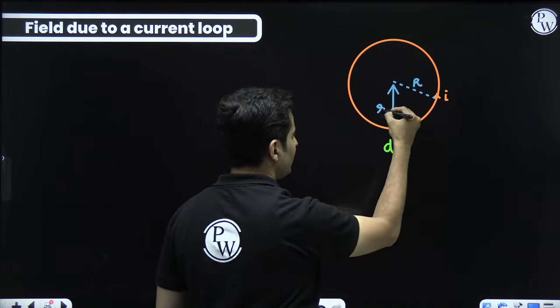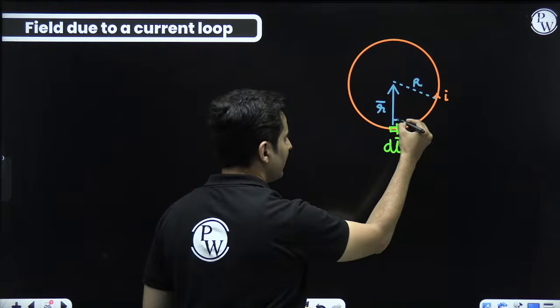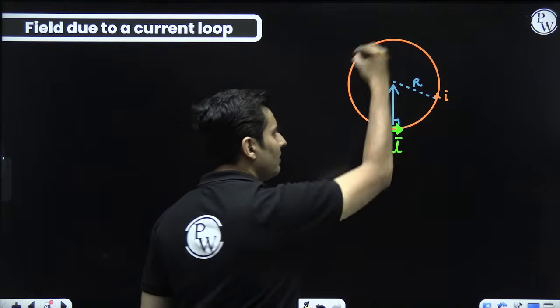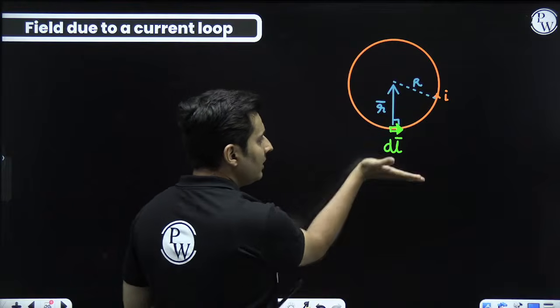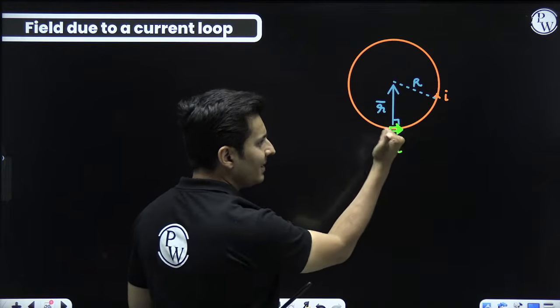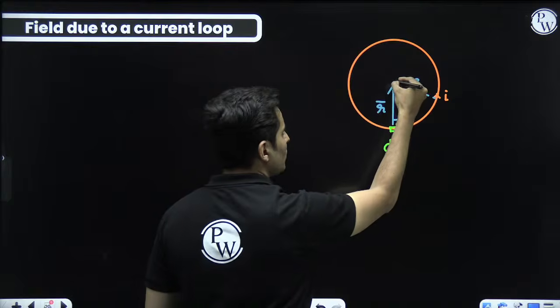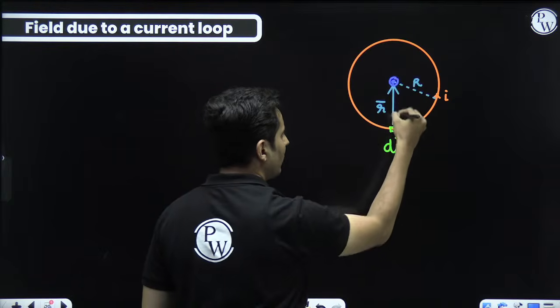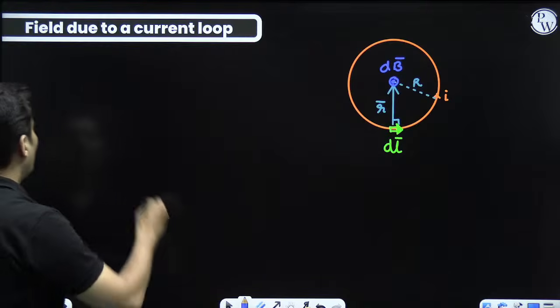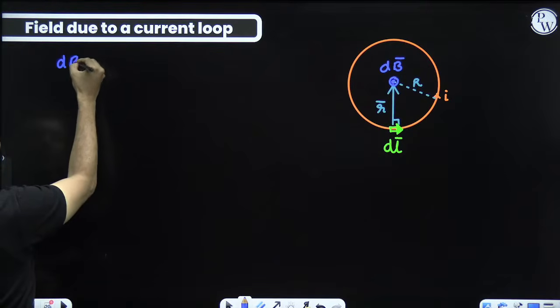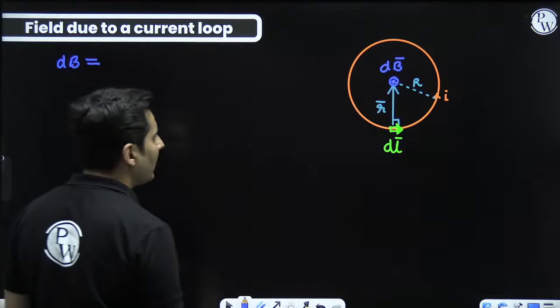I will call this my position vector. It is making 90 degrees. dL is always in the direction of the current. So if you do dL cross r, you will see the thumb coming towards you. So the magnetic field contribution due to this dB will be towards you. I am more interested in the magnitudes, so let's focus only on the magnitudes, guys.